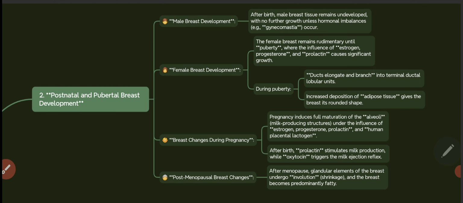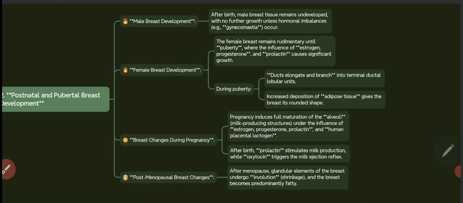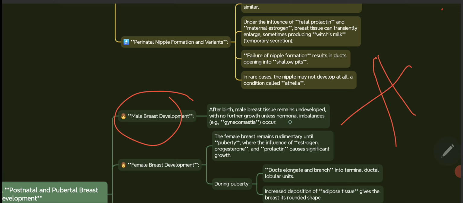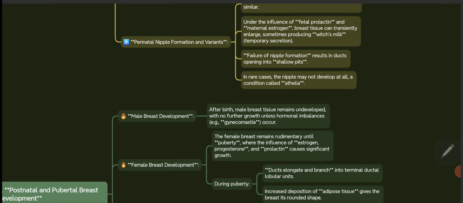Right. Then the next part of the video is the postnatal and pubertal breast development. In that, the first part is the male breast development. At birth, male breast tissue remains undeveloped with no further growth unless hormonal imbalances cause it to grow.